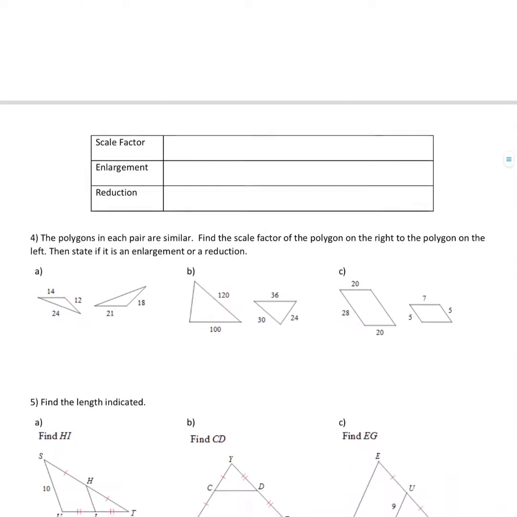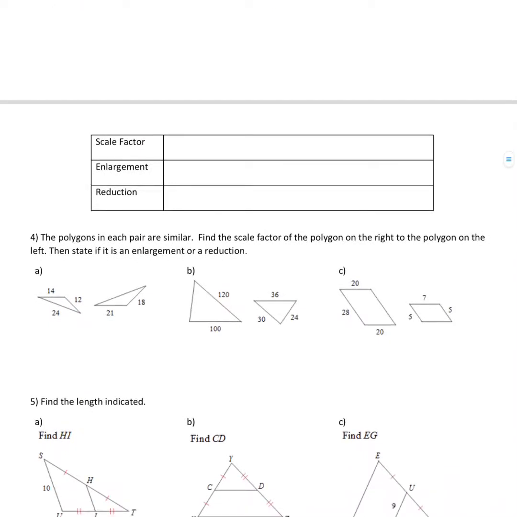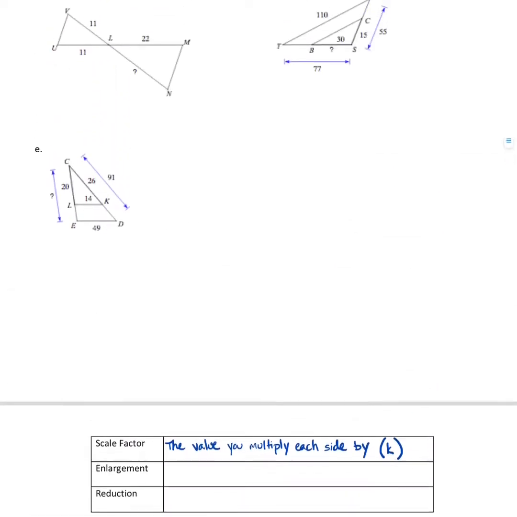The scale factor is the value you multiply each side by, and this is represented by the letter K. So I know that 54 times K is going to give me 12.